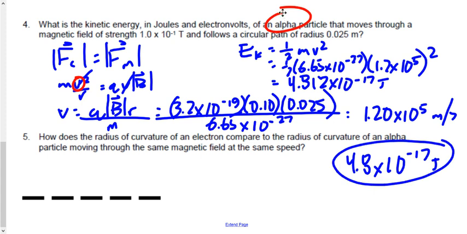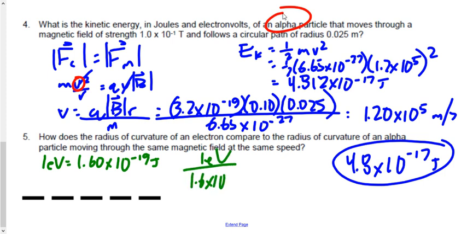On your data sheet, you can see on the far left-hand side, 1 eV is 1.60 times 10 to the minus 19 joules. So we're going to say 1 eV over 1.6 times 10 to the minus 19 joules equals x eV over 4.812 times 10 to the minus 17 joules.